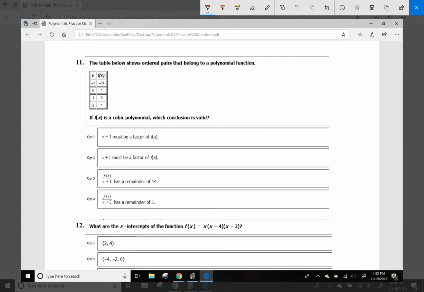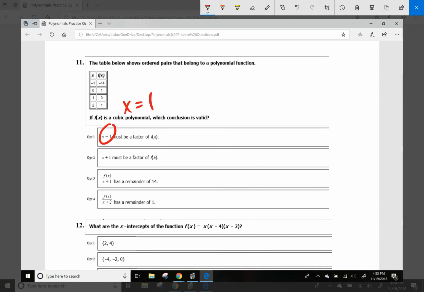So it says x minus 1 must be a factor, x plus 1 must be a factor. F of x divided by x plus 1 has a remainder of 14, and f of x divided by x plus 2 has a remainder of 1. So option 1 is talking about that binomial, which means x equaling positive 1.